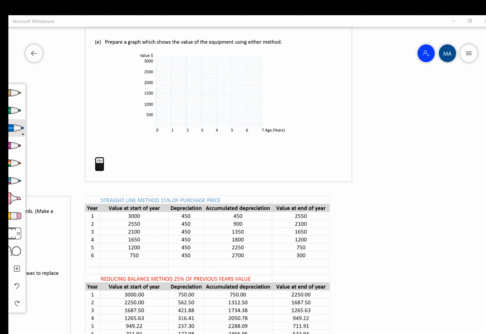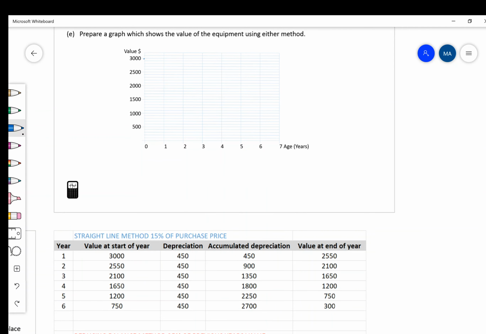So the straight line method, I'll do it with the blue line here, and the value of this equipment starts at $3,000. So on this grid up here, I'll plot a point there, $3,000. Now, after 1 year, it's worth $2,550.